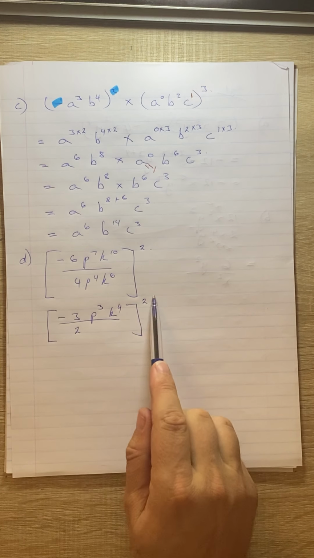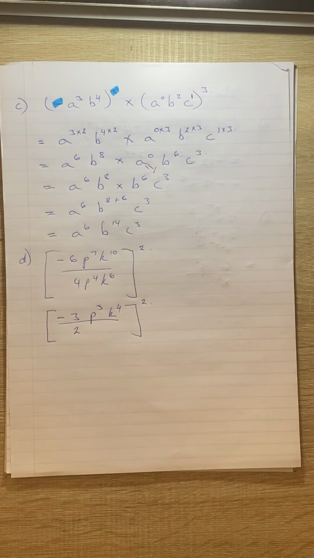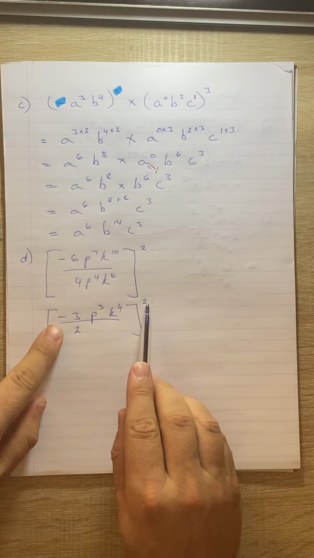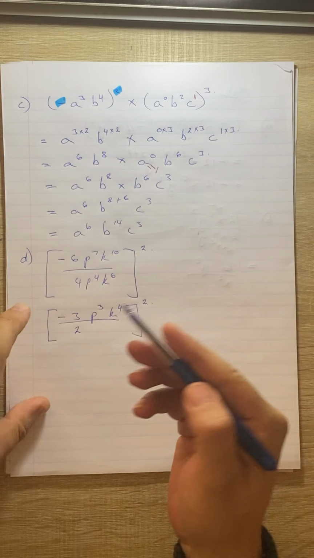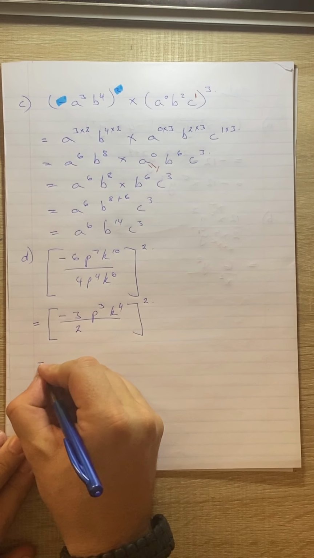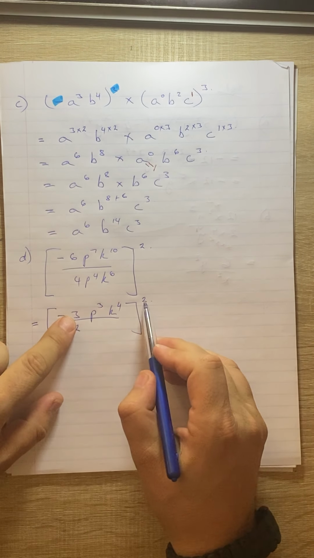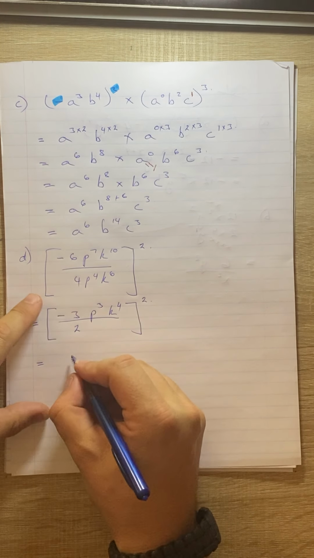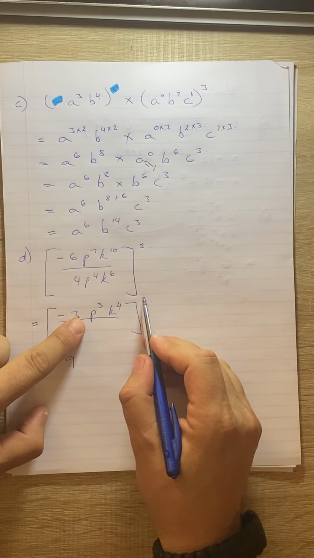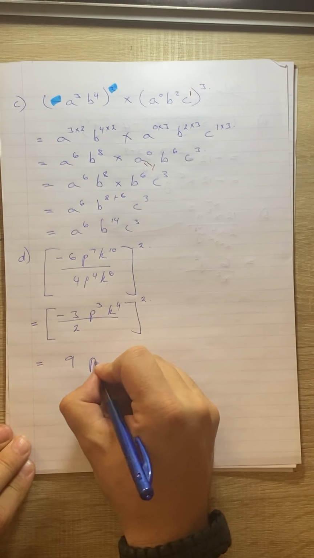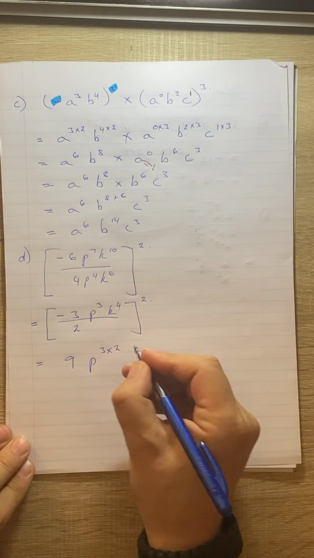Now we can deal with the squared outside. So what is a minus squared? Remember, minus squared is positive. So we know that this is going to be positive. What is 3 squared? What is 3 times 3? It is 9. If you've got something to the power of something raised to another power, you multiply the exponents.